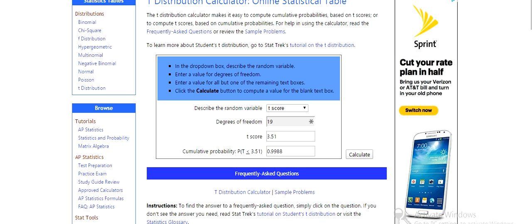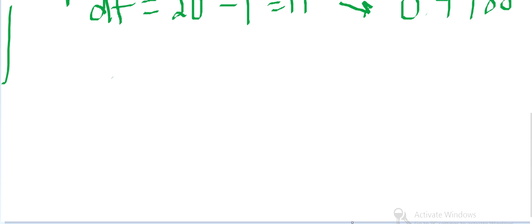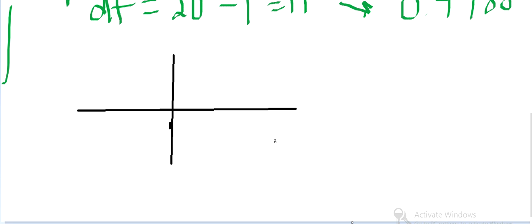And it gives 0.9988. And we can draw out a chart to see what this looks like. So very quick, we've got the t-distribution. It's like a normal distribution.